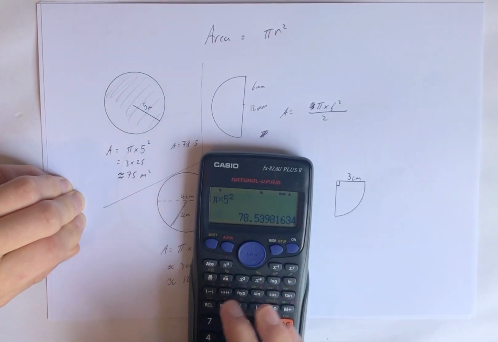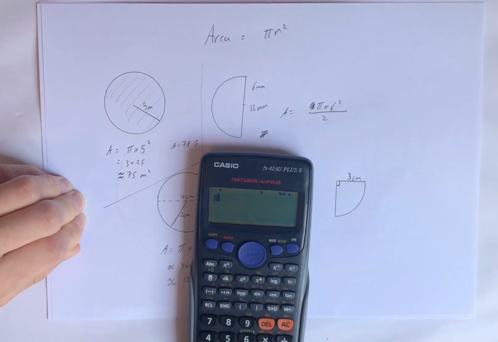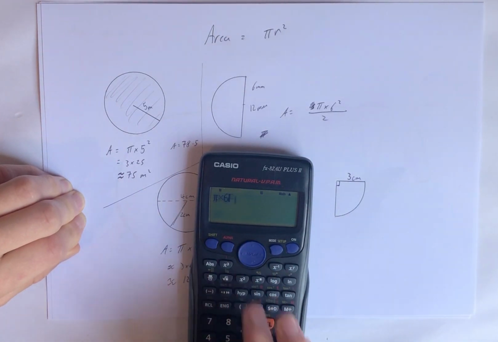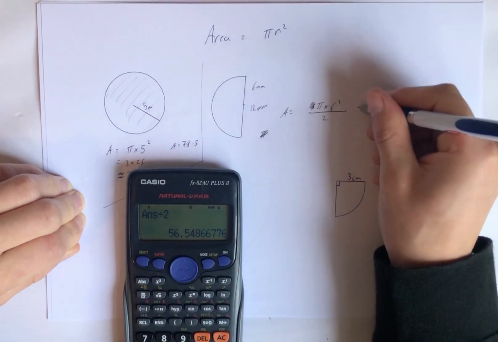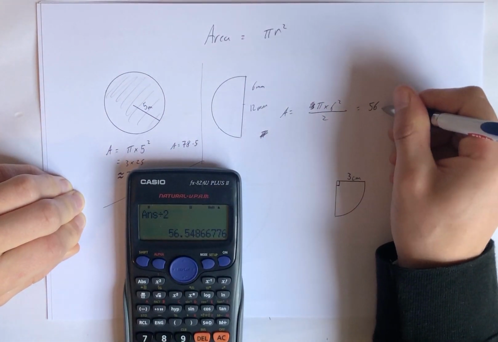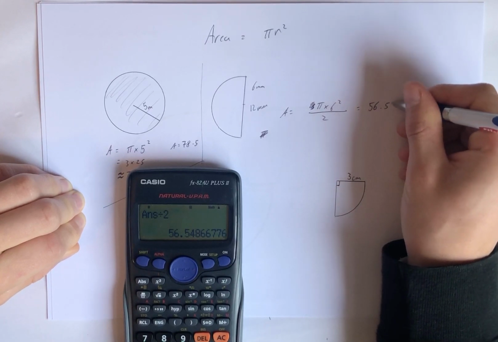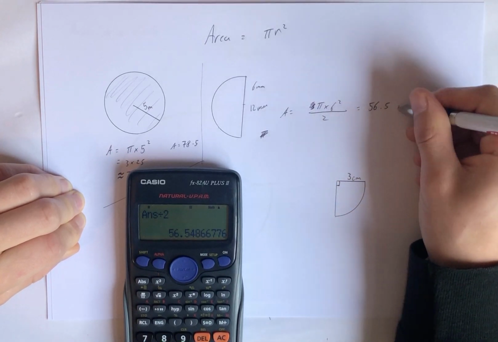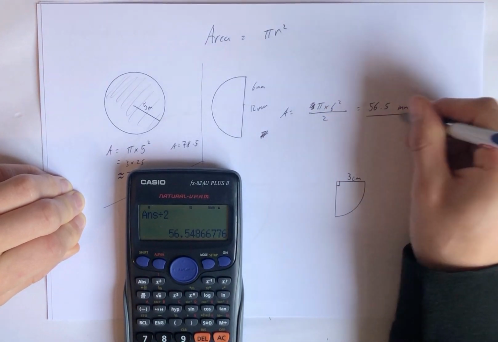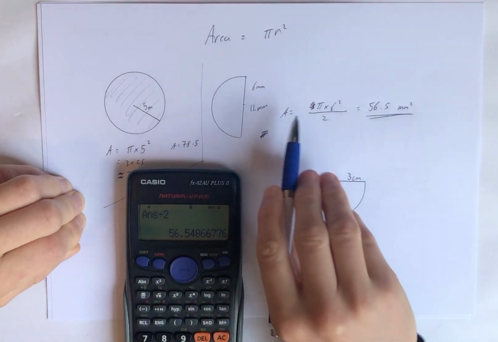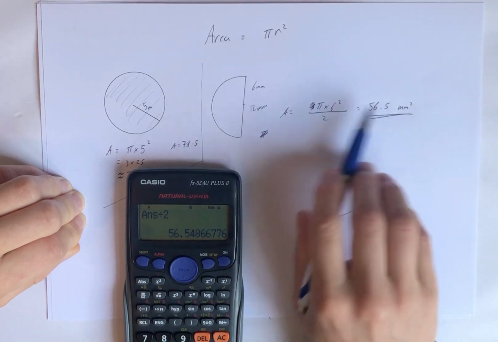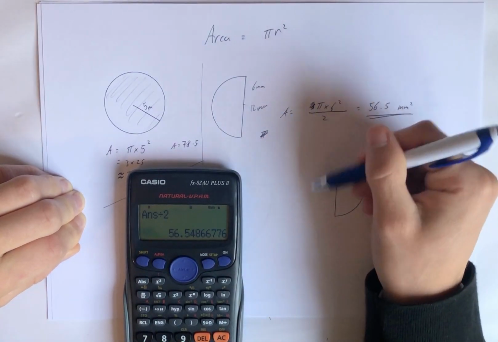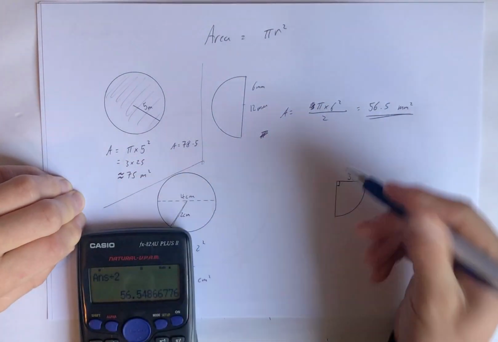So I'll do this one on a calculator with pi times 6 squared, then divide that by 2. So we have 56.5 millimeters squared. Now notice I can do area is equal to this is equal to that because it's true all the way through. So that's fine. I would usually go downwards, but I didn't want to run into this one's space.